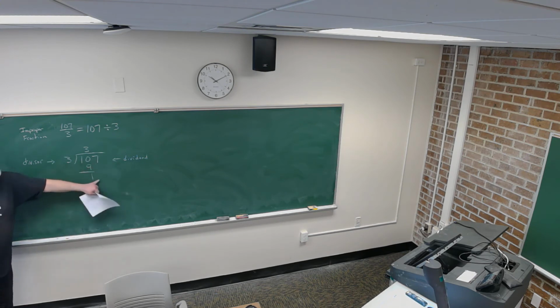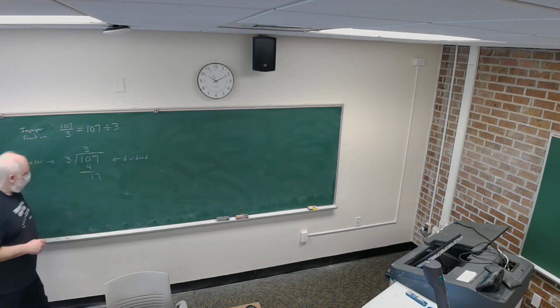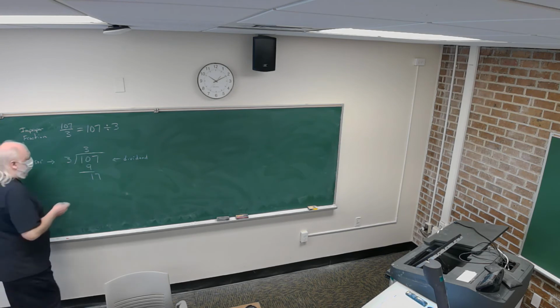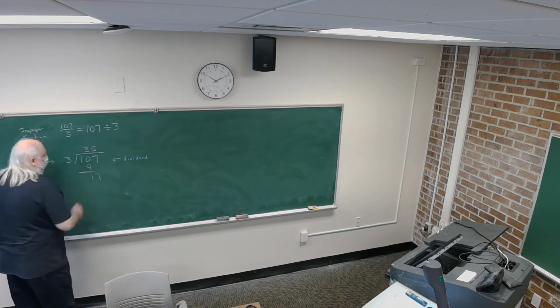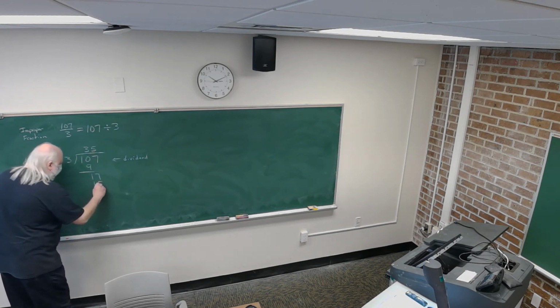Now you bring down the 7, and you divide 3 into 17. How many whole times can you divide 3 into 17? Well, 3 goes into 17 5 times. So you put 5 up here above the 7, and then you multiply 5 times 3, and you get 15.